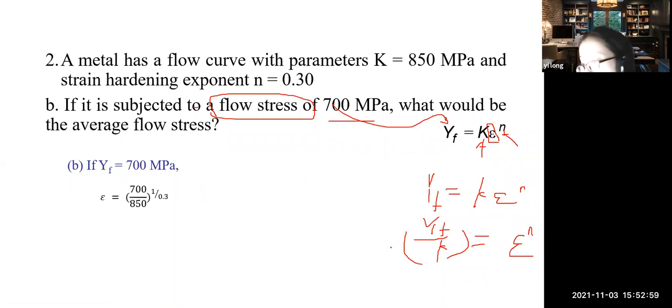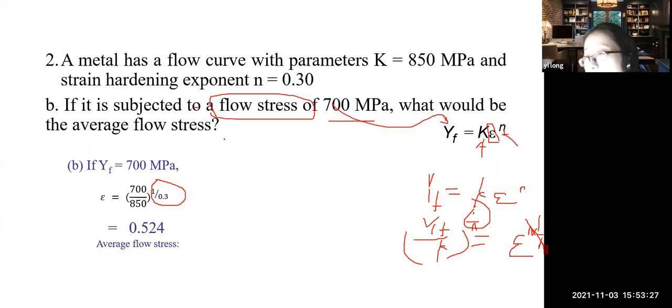Then what you can do is put the n here, times n. Then this will be 1. So the strain equals 700 over 800, to the power of 1 over 0.3, which is the exponent, 1 over n. So in this case, the true strain is actually 0.524.